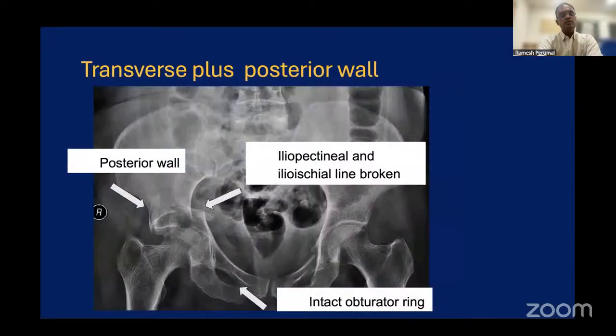When you go on to the other one, the transverse with posterior wall, you can see the ilioischial and iliopectineal lines are broken at one level with an intact obturator ring, which is a marker of a transverse fracture. But on the AP view, we can see the triangular shadow above the joint line, which is a part of the posterior wall. So this is a transverse with posterior wall fracture.